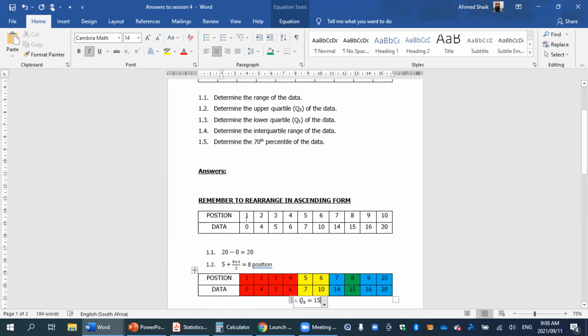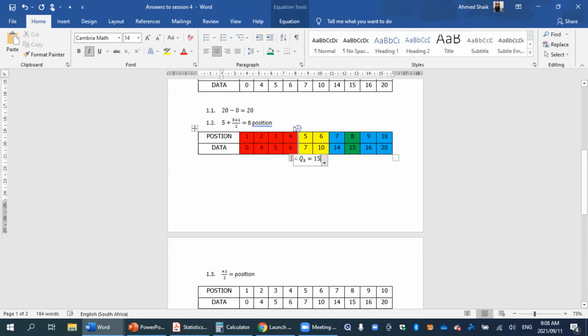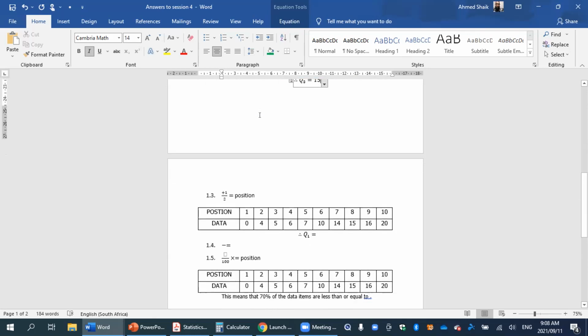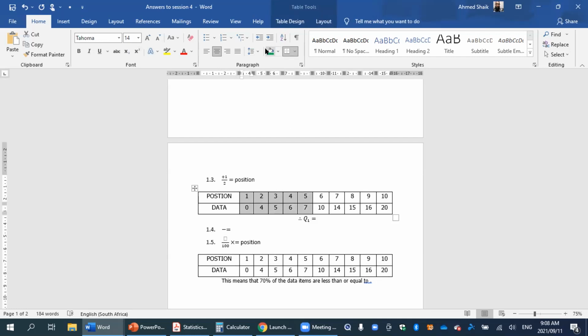Let's look at question 1.3. Question 1.3 says to determine the lower quartile of the data set. So if I'm looking at the lower half, that is basically my lower half, and we need to calculate the median of the lower half.